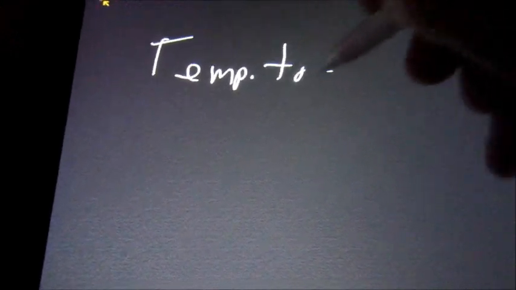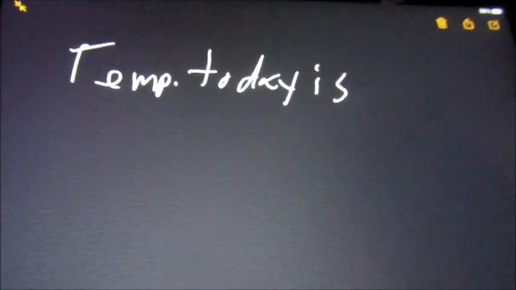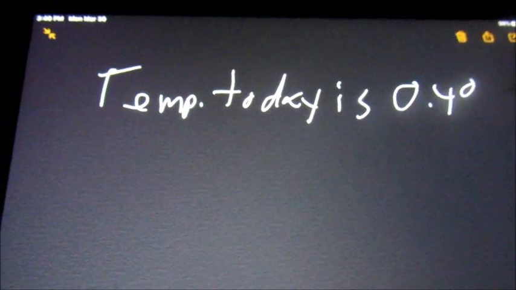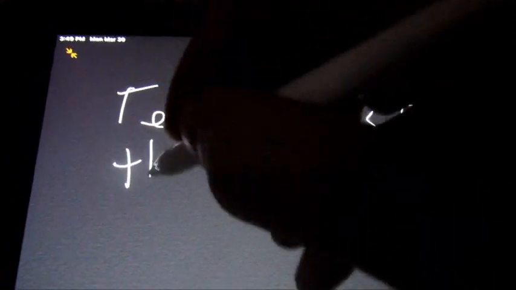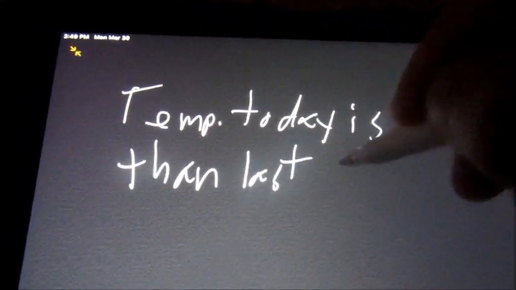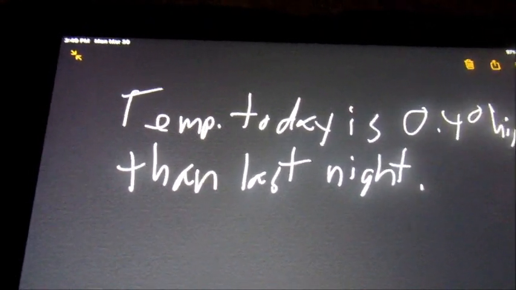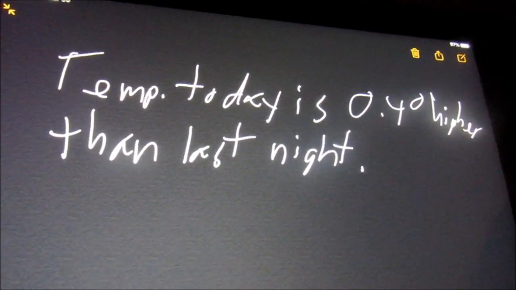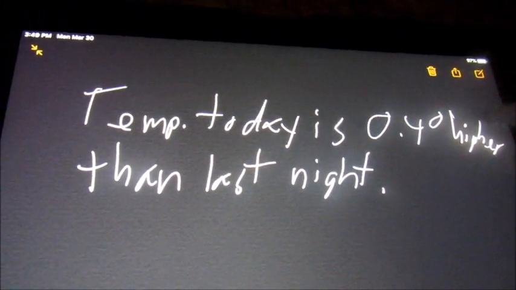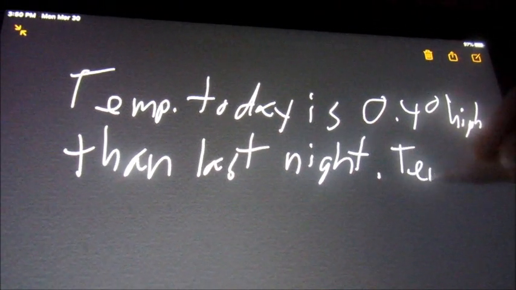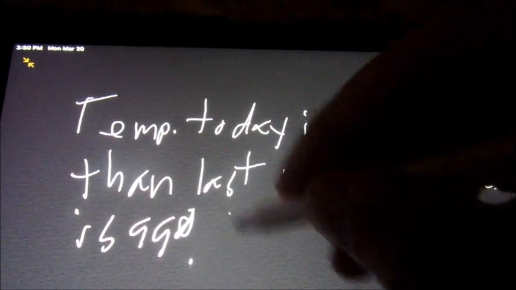Next, we see that the temperature today is 0.4 degrees higher than last night. The temperature now is 99. What was it last night?